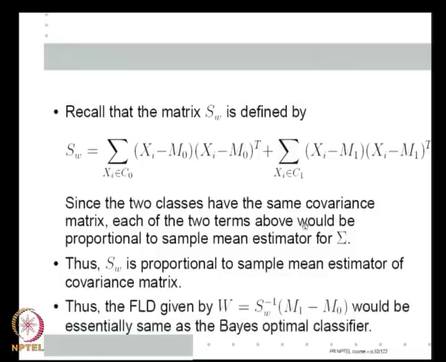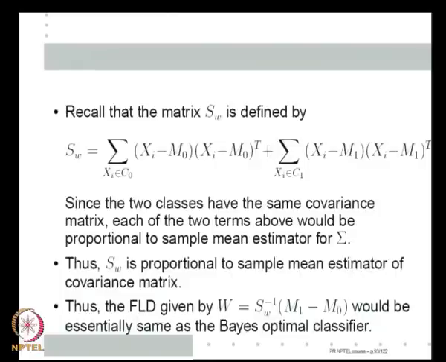So, since S_W is proportional to the sample covariance estimator for sigma, we know that the Fisher linear discriminant, which is given by S_W inverse (m 1 minus m 0), is the same as the base optimal classifier. So, Fisher linear discriminant is an interesting classifier, because at least in this kind of case it gives you the base optimal classifier. It has a very interesting geometric interpretation, namely finding a direction along which classes are well separated.